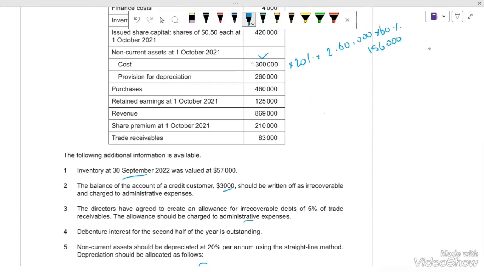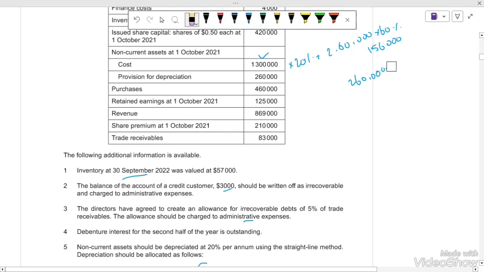And again, 40% is allocated to the distribution cost. So we will apply the percentage for the distribution cost, which is 40%.